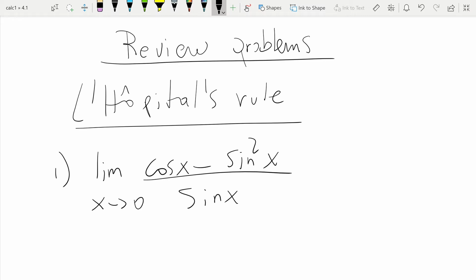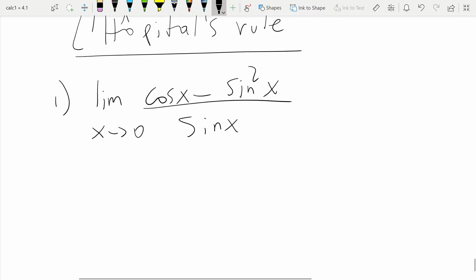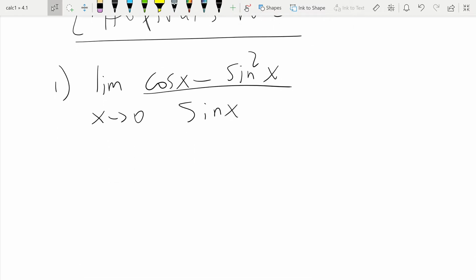And it's been asked in the second midterm, so what should you expect? This problem could be about L'Hopital's rule. But in fact, it is not.